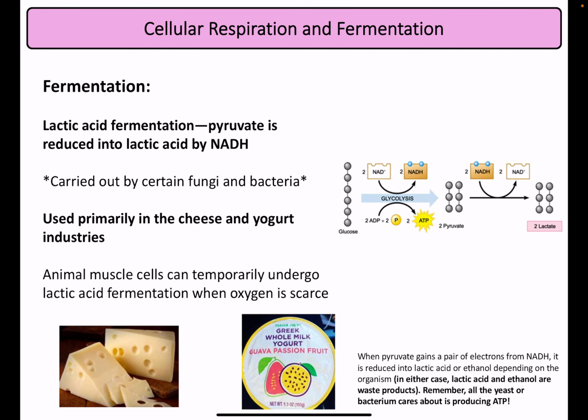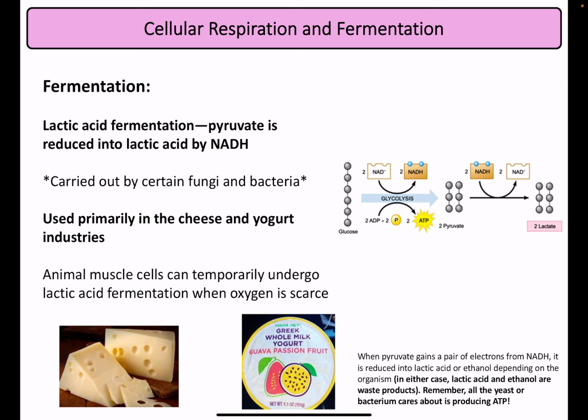Next, we're going to take a brief, closer look at the two different forms of fermentation. The first being lactic acid fermentation. That's when your pyruvate, upon gaining a pair of electrons, is converted into lactic acid.